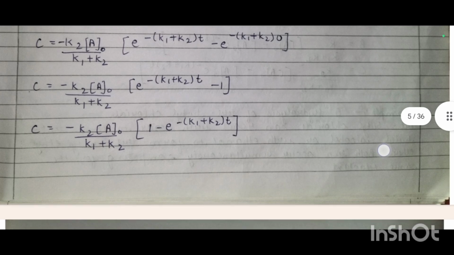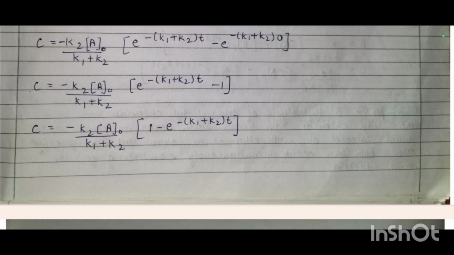The concentration of C is equal to K2 A0 divided by (K1+K2) times [1 minus e^(-(K1+K2)t)].